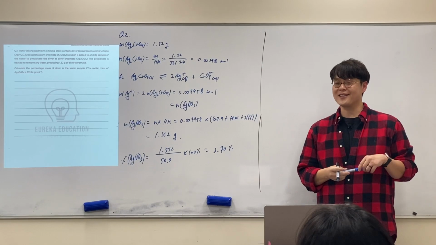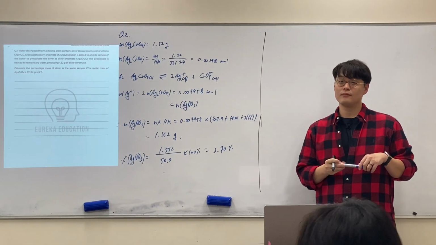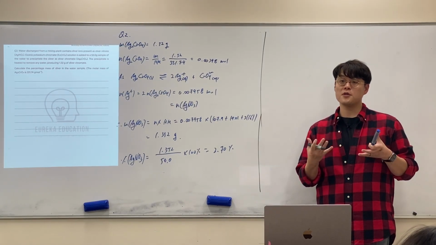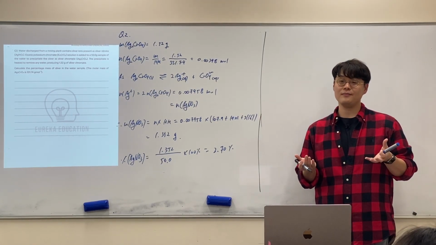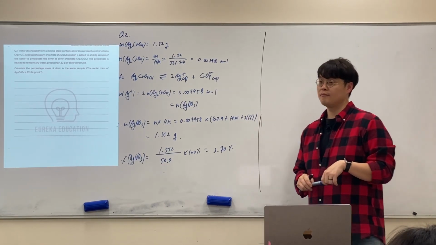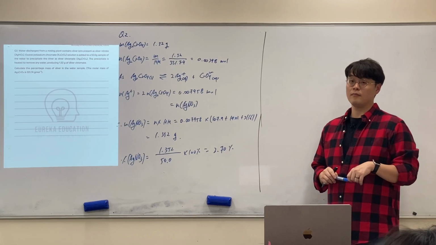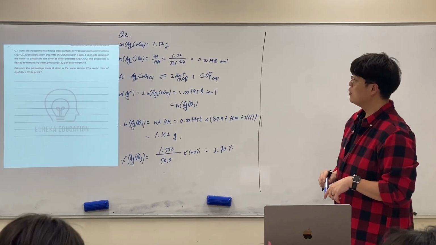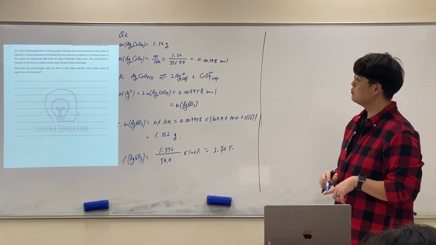We're not even there yet. To produce silver chromate, which is just the precipitate. Why are we forming the silver chromate precipitate? For what reason? What's the aim of the investigation again? To calculate the percentage mass of silver in the water sample. Silver. That's the aim.